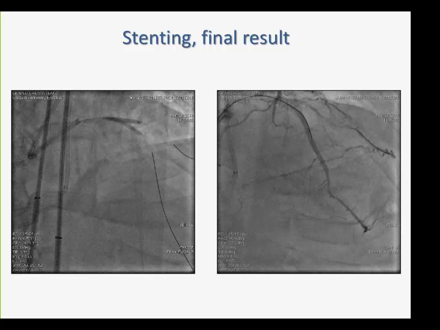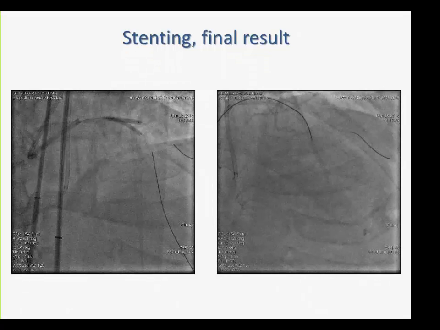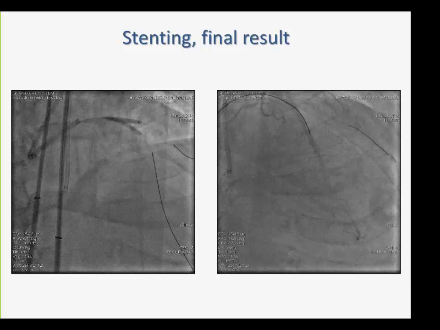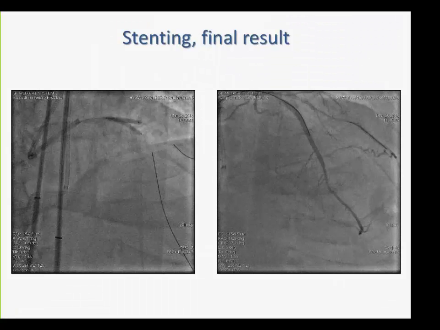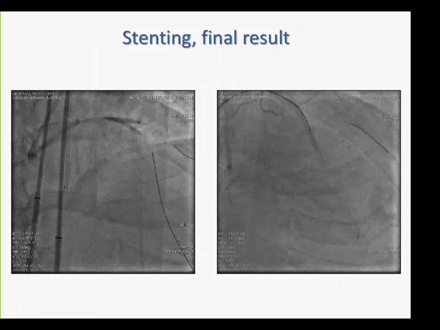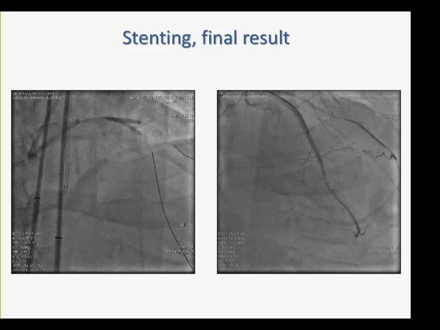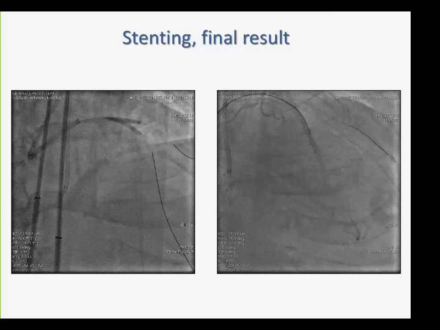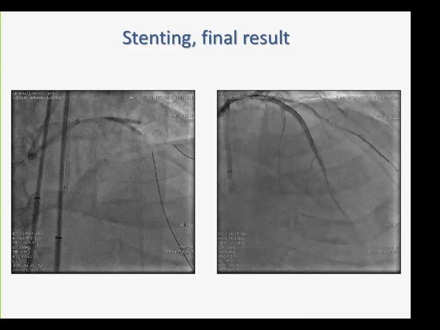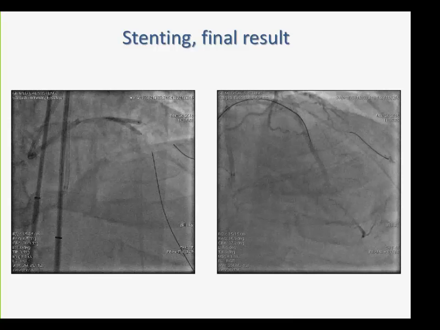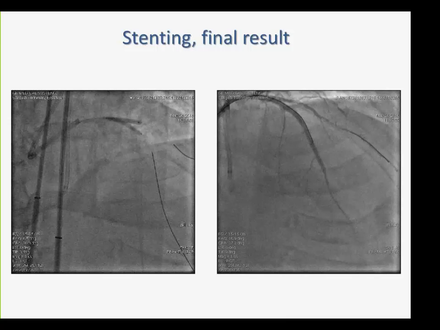We could not detect any significant dissection in the diagonal branch. There was TIMI 3 flow. So again, we decided to do a provisional T stenting, and finally, with one long stent, we could cover both the occlusions of the LAD and the big diagonal. TIMI 3 flow was present on the final angio.